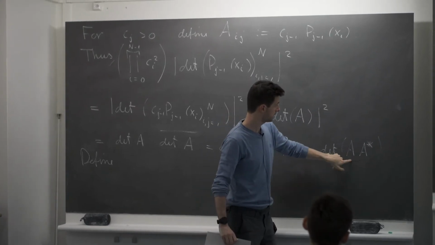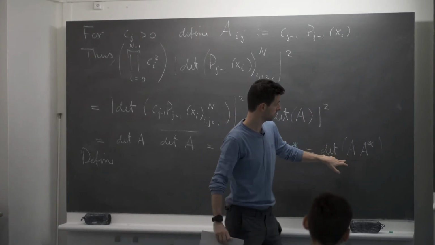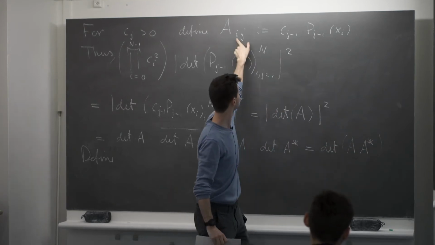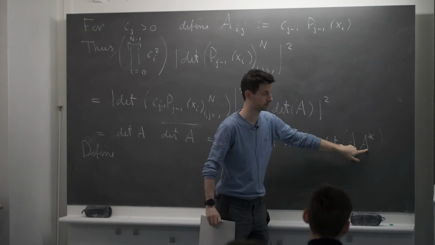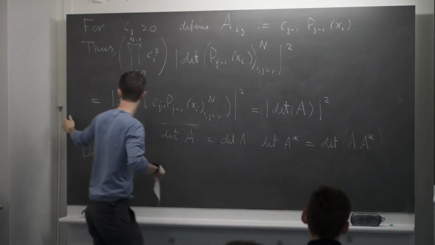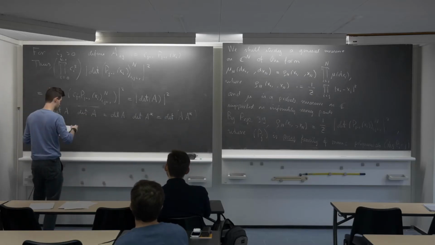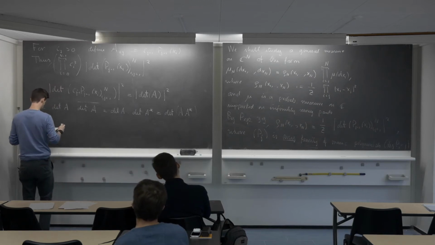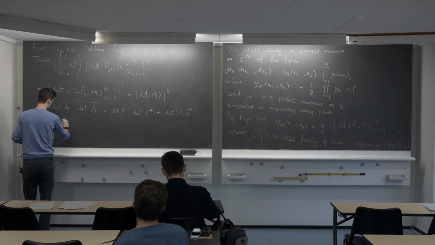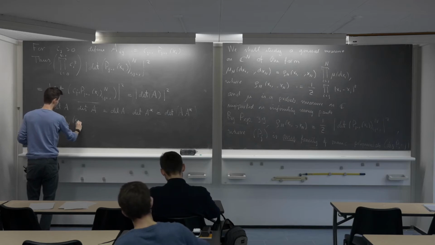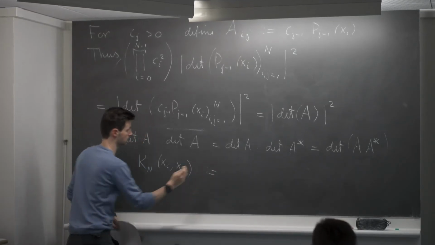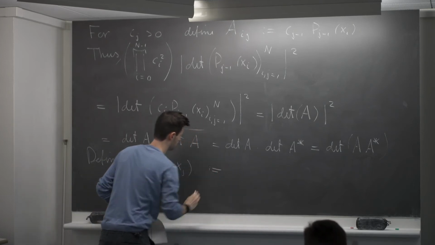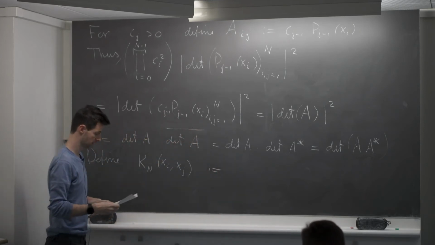And since this is A times A adjoint, then the second index of this whole matrix is also going to depend on the x's. Right? The J index is going to be hidden inside this matrix multiplication. So I will give this matrix A times A star a name. I will call it Kn. And as we saw, it's just a function of xi and xj.